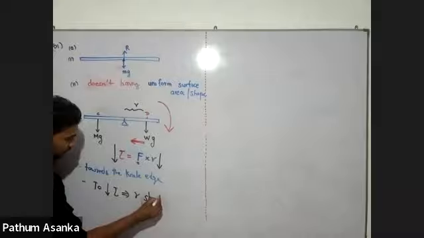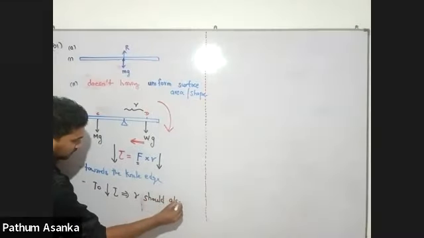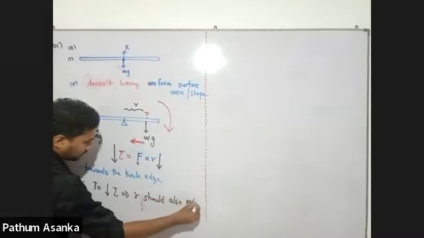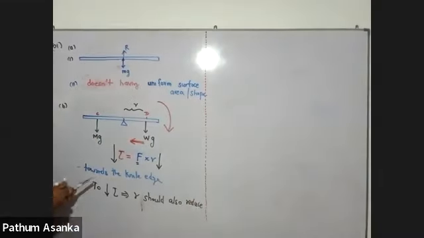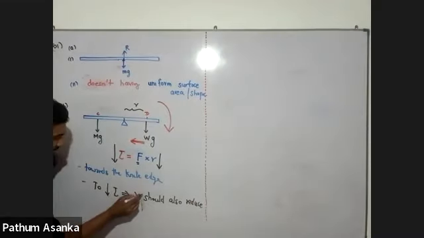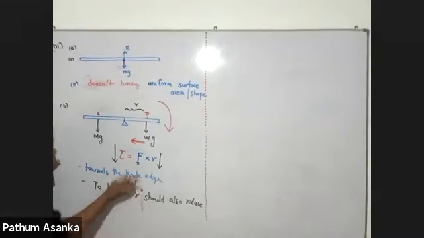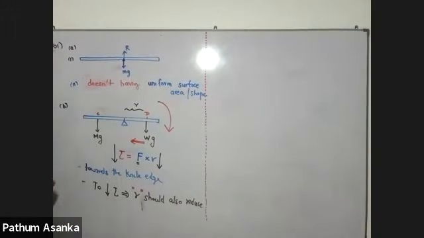R is the distance from the pivot point, and it should be reduced. That's the story.